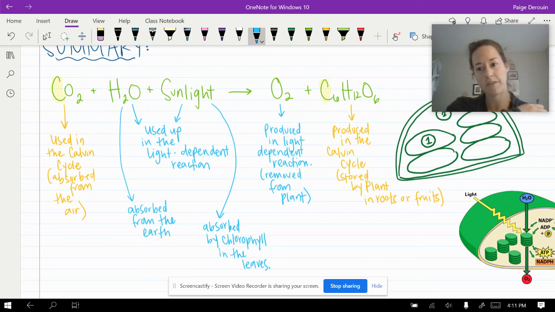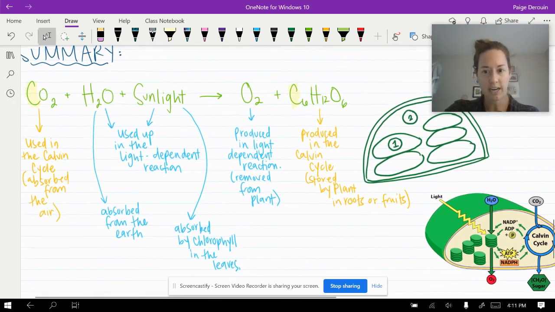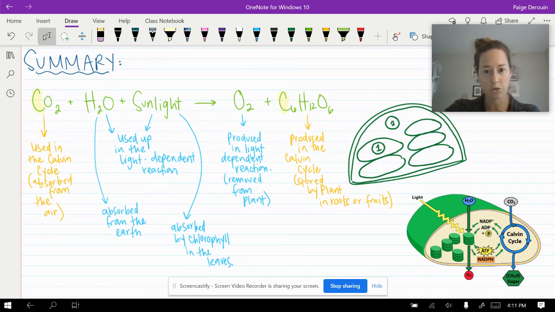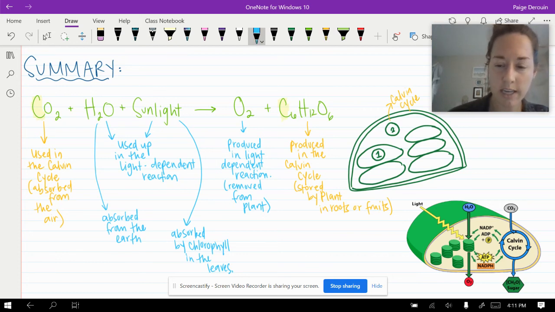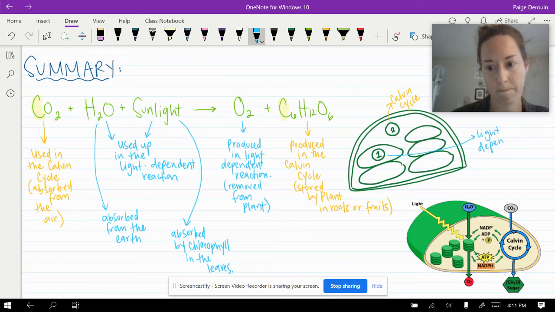All right, just a few more summary things. I have this diagram here of the chloroplast that shows where step 1 happens and where step 2 happens. Step 2 I've done in my summary in yellow. So this is your, I'll call it Calvin cycle, in the stroma. Step 1 is the light dependent reaction.